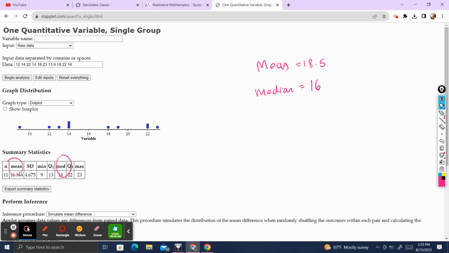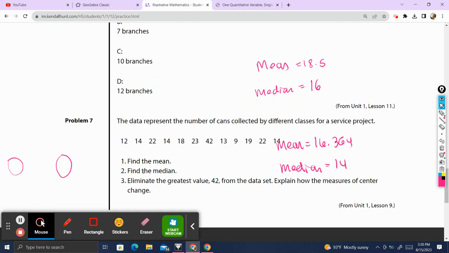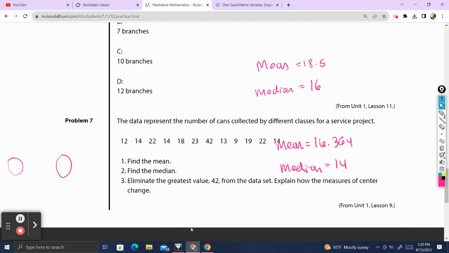And we see that for our new values, the mean is equal to 16.364, and the median is equal to 14. So what happened in both of these cases, when we got rid of the 42, is that our mean and our median became less. Let's go back to our problem to see what it's asking us to do. Eliminate the greatest value 42 from the data set.